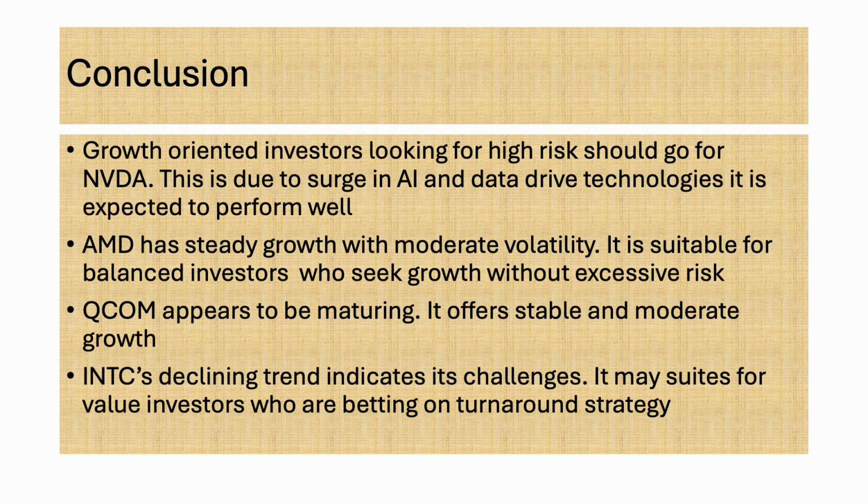Qualcomm appears to be maturing now, and it offers stable and moderate growth. And Intel is declining, which indicates its challenges. Basically, Intel may suit value investors who are betting on a turnaround strategy.